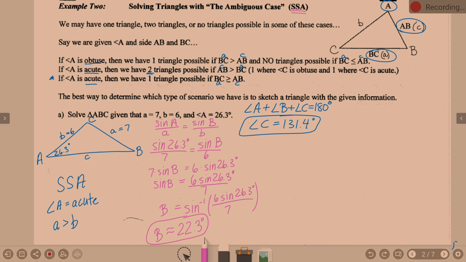So I'm going to suggest that we do sine of angle A over side A equal to sine of angle C over side C. So sine of 26.3 degrees over 7 is equal to sine of 131.4 degrees over side C. From here, of course, you are doing your cross products.